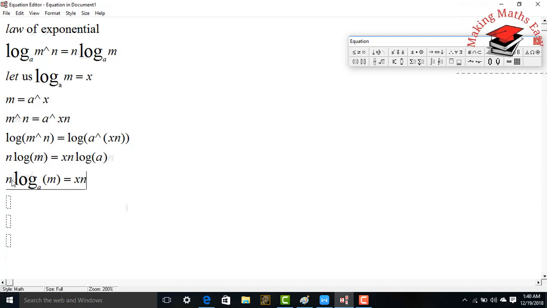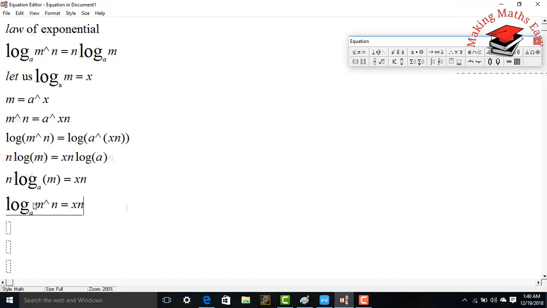Okay, so this n is coming in the front. So according to the property of logarithm, it becomes log of m raised to n to the base of a is equal to xn. As I proved all three properties of logarithms.